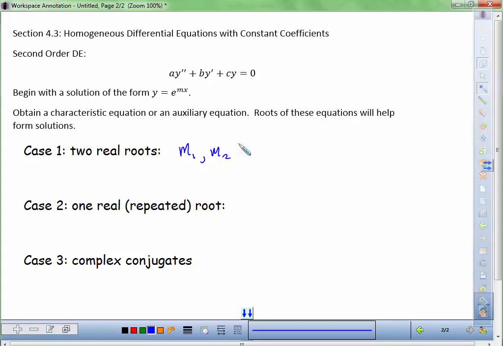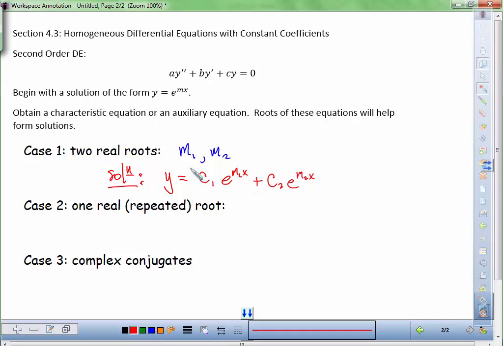M1 and M2 are real numbers. Then your solution is going to be y is equal to C1 e to the M1 times x plus C2 e to the M2 times x.